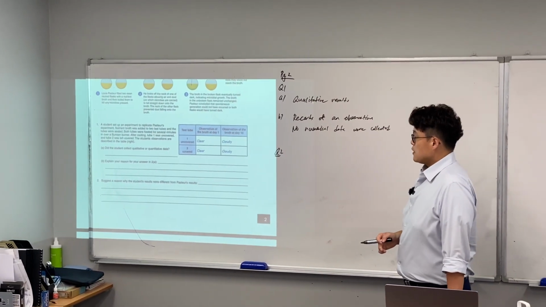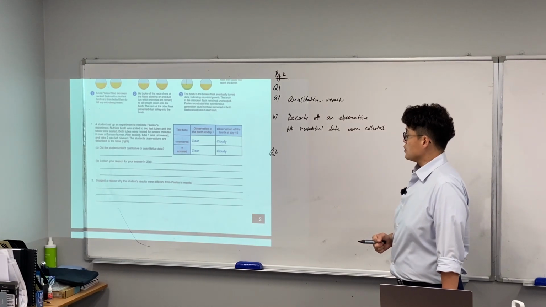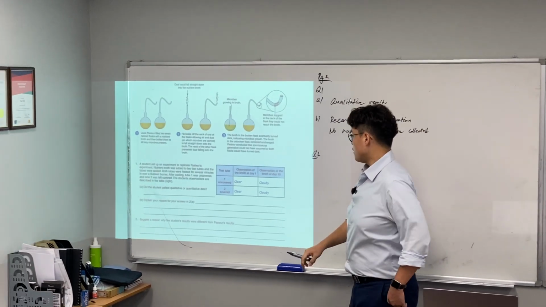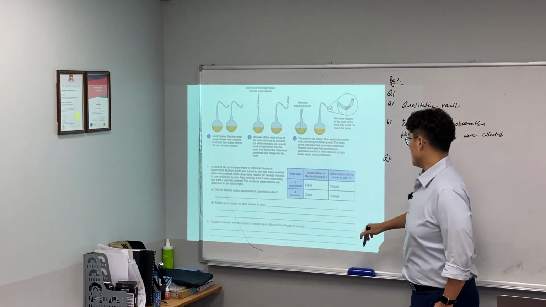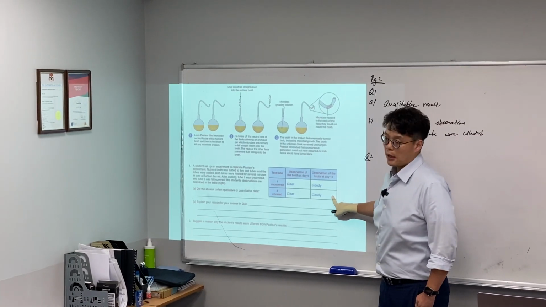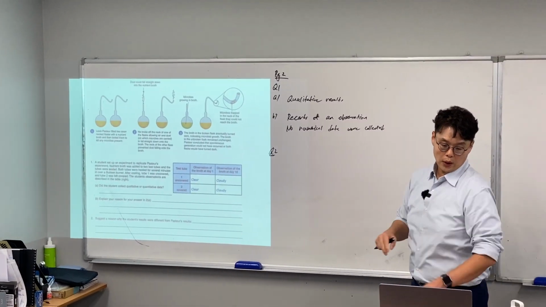Question 2. Suggest the reason why the students' results were different from Pasteur's result. So let's look at the results again. We have uncovered and covered, observed on day 2 and after 10 days, both cloudy. Why do you think we have that?